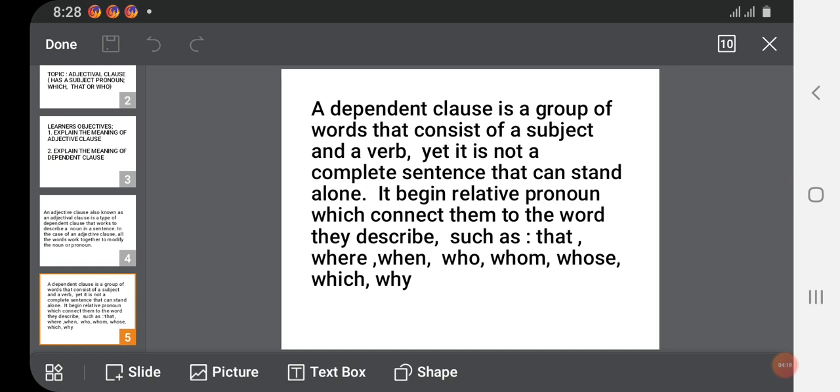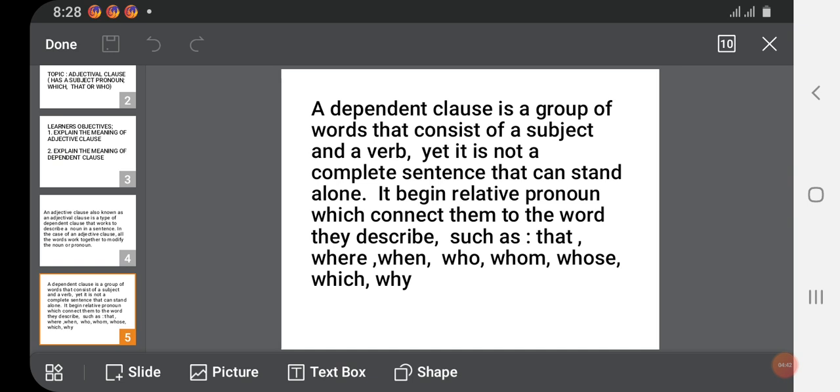So who can tell me an example of the relative pronoun they use with the adjectival clause? Who, which.